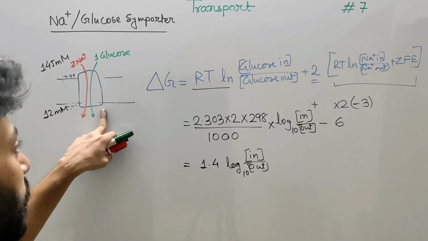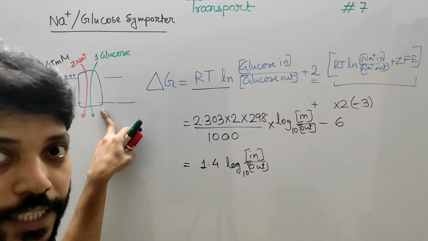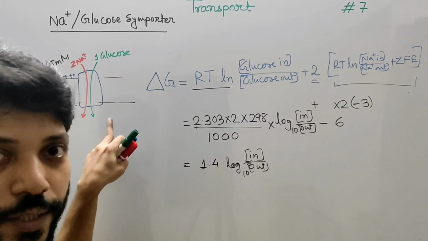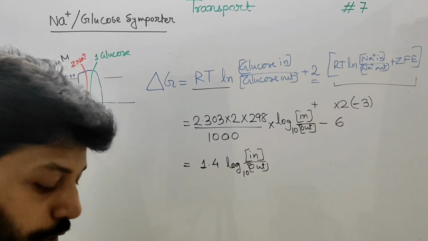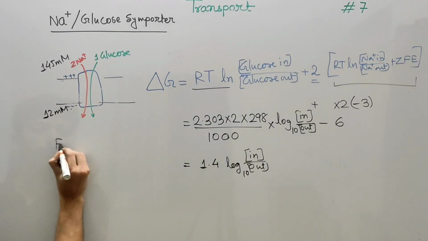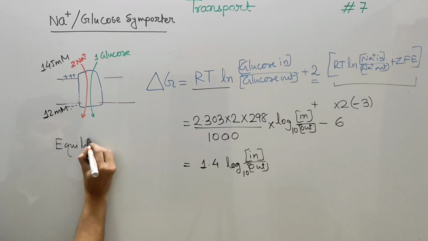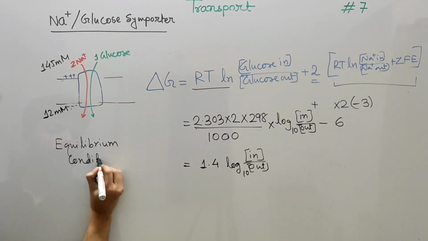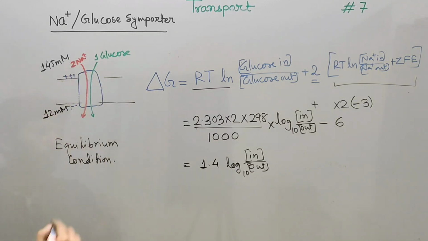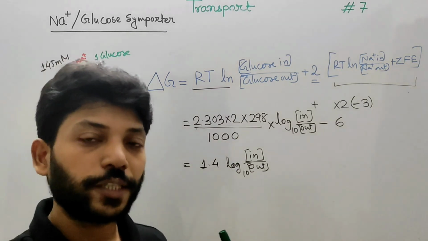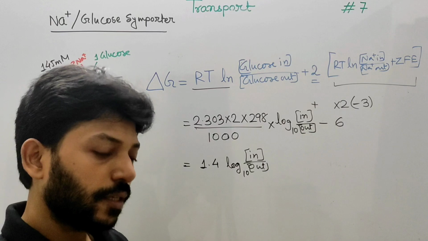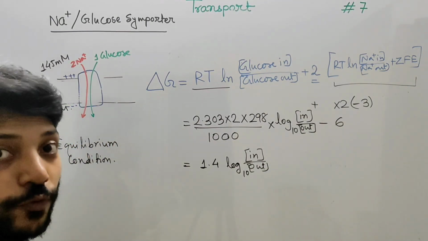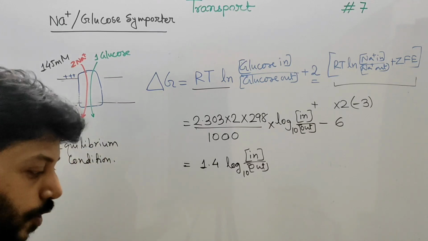If we assume that at a certain concentration gradient of glucose this whole process actually stops, this Symporter actually stops, this is called equilibrium condition. At equilibrium condition, this whole functioning will stop because they will reach chemical concentrations at which they will not move inside or outside.